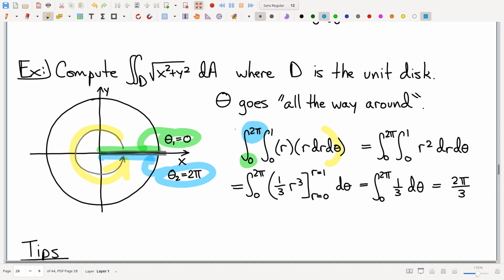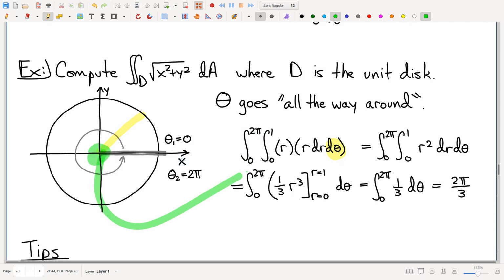Now for a given value of theta, let's fix a theta. Let's say that, whatever that is. What's my starting value of r? Well, r starts at the origin, where r is 0. And r ends at that point. Be careful about this.